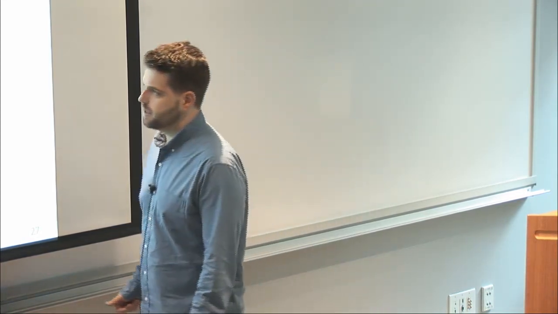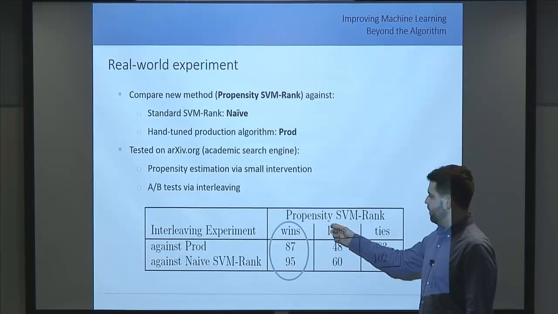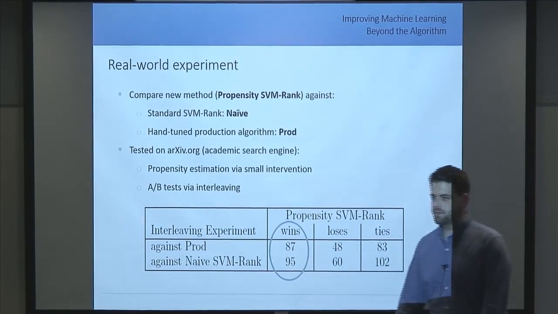We tested it on an academic search engine, arXiv.org, which you probably all know. We estimated the propensities via a small intervention experiment where we swapped pairs of results. We then evaluated whether our propensity-weighted SVM rank is better by interleaving its results with another method and counting how many clicks each method got. What you can see here is that our propensity-weighted SVM rank significantly wins against both the production and the naive method, which only takes position bias into account.